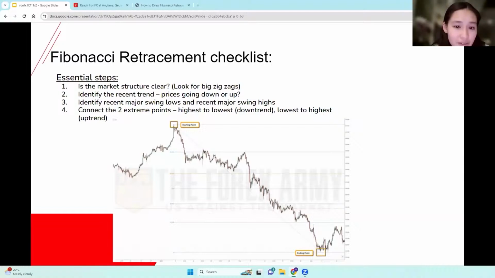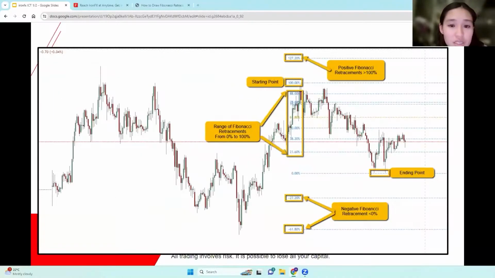Next, we want to identify recent major swing lows and swing highs, like those that we've identified previously, and then connect the two extreme points like we have done over here. Since this is a downtrend, your starting point is at the swing high and your ending point is at the lowest swing low. Here you can see all the different Fibonacci numbers that we mentioned in the previous slide.